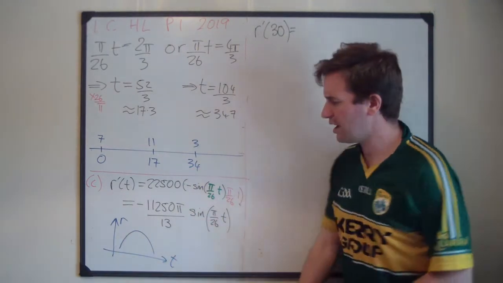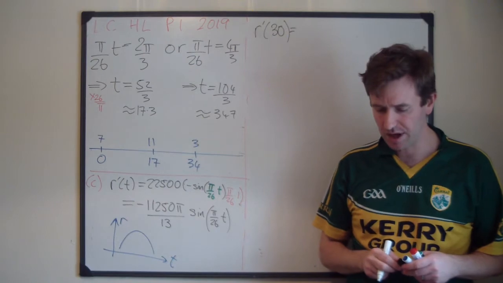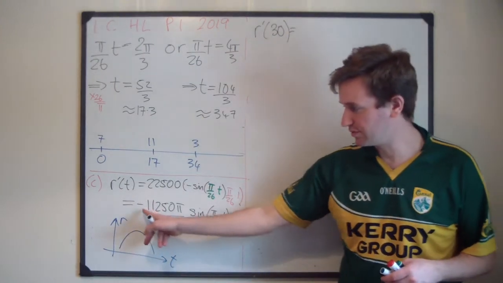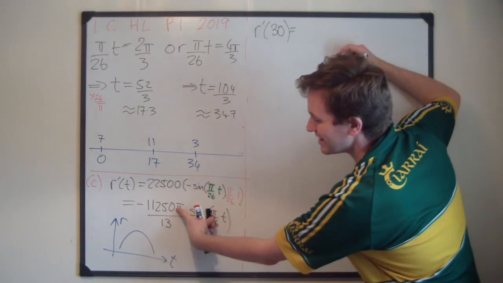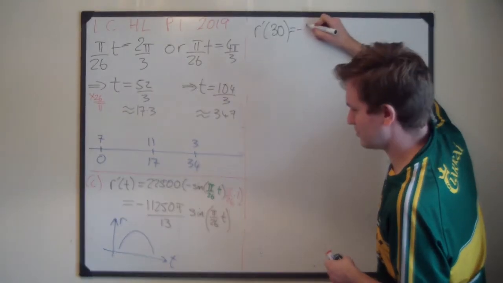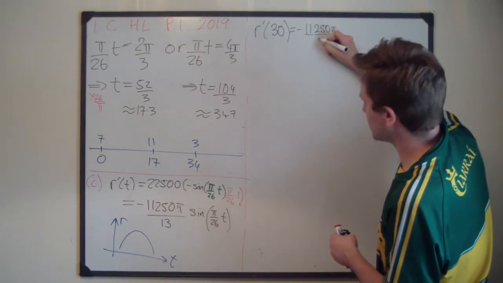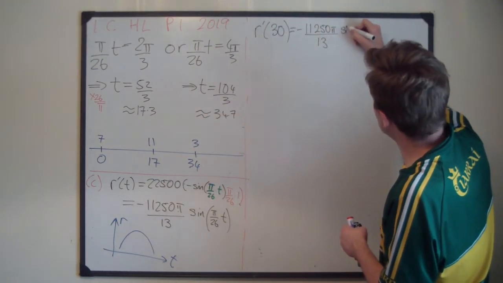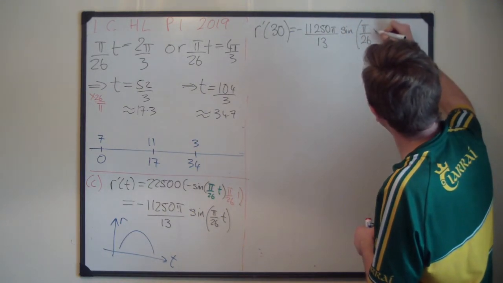Now I actually only care about whether it's positive or negative. So actually this sign really doesn't matter. But the sign matters. This number doesn't really matter, but I'll throw it in. 250 pi over 13 sine of pi over 26 by 20.